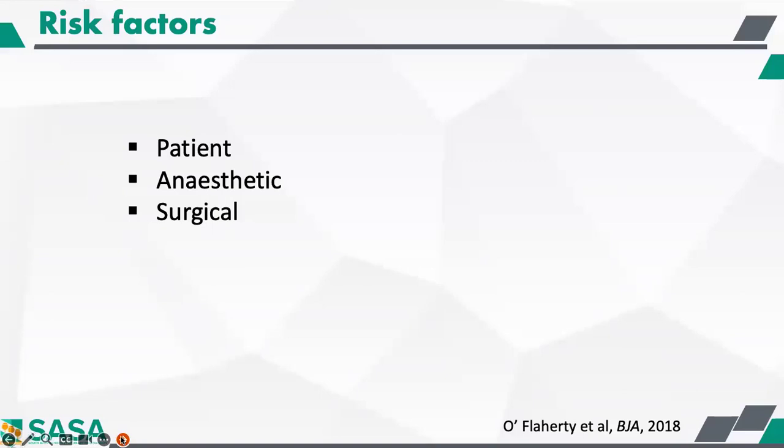Anesthetic factors speak to the actual procedure as to how the nerve block is conducted and the level of expertise of the person performing that particular block. Surgical risk factors relate to the use of tourniquets and patient positioning in the operating room.